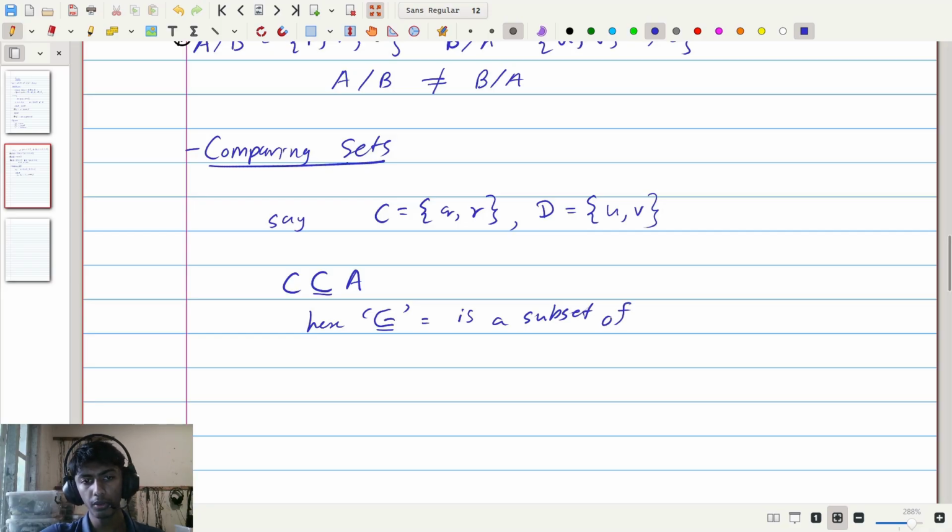You'll notice there's also a little equal sign like thing here because we are also accounting for the possible case when C is exactly equal to A.